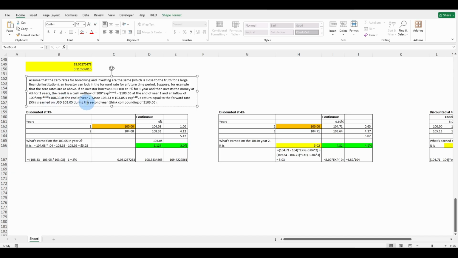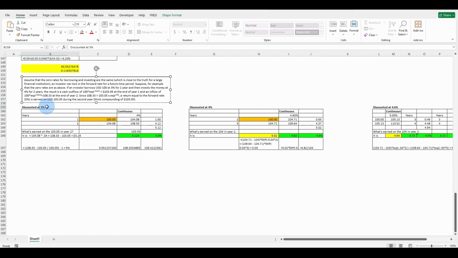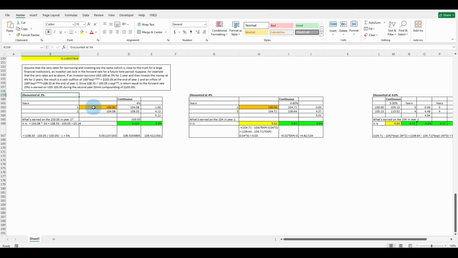Think compounding of 103.05. Discounted at 3%, we have 100, and then we have 104.08 equals D162. And then what we did is we took C163 times, all we did was this continuous compounding, 103. And then we probably just discounted this back. 162 minus 103 times e^0.03 gives us $1 or 100.